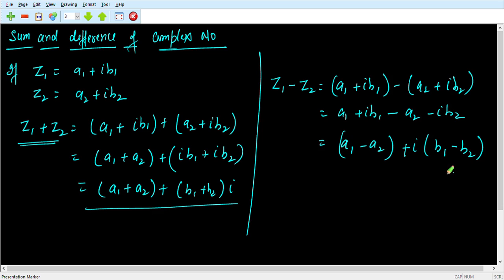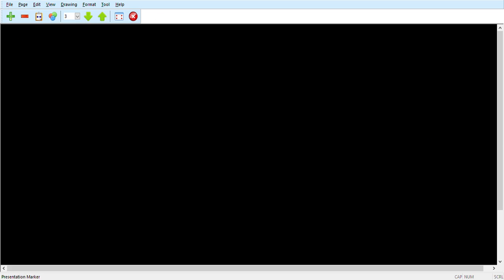Here are a few properties of addition of complex numbers.